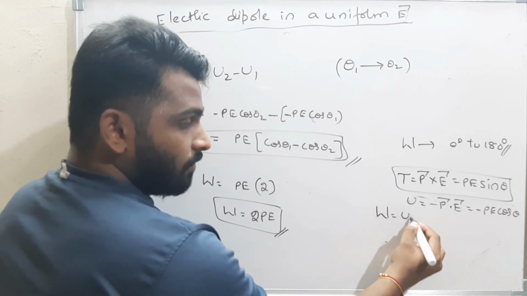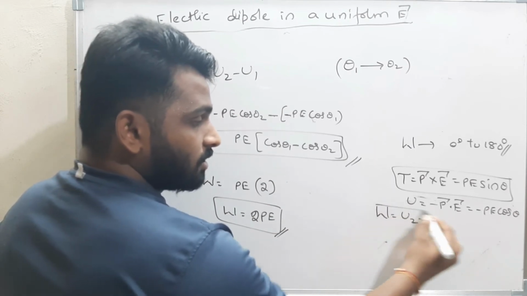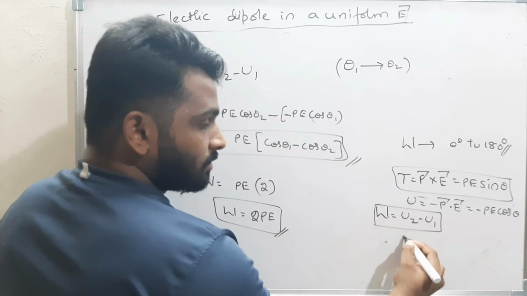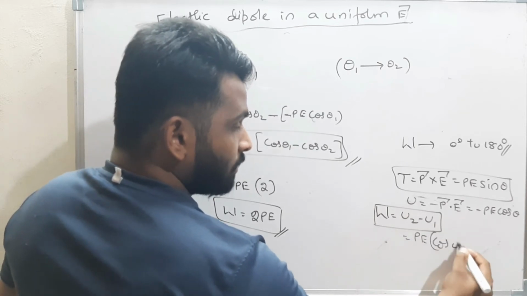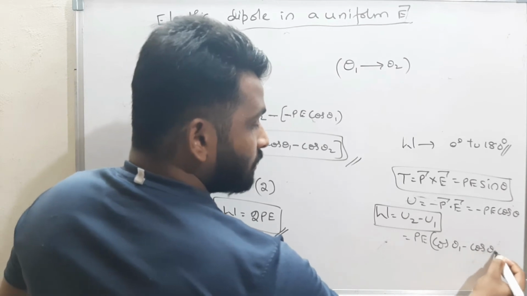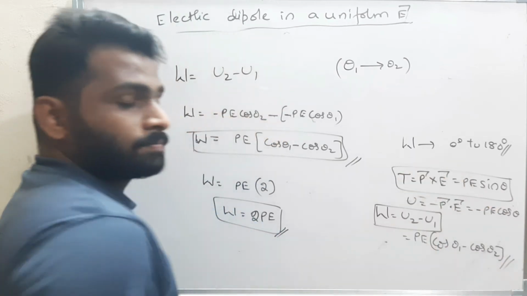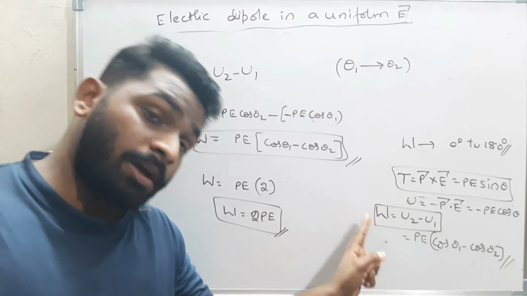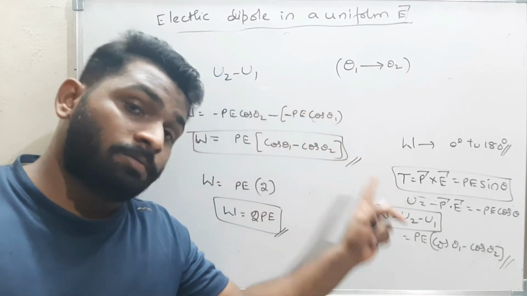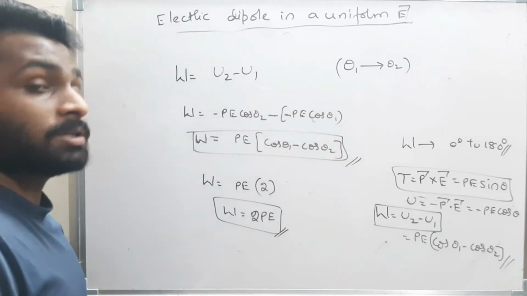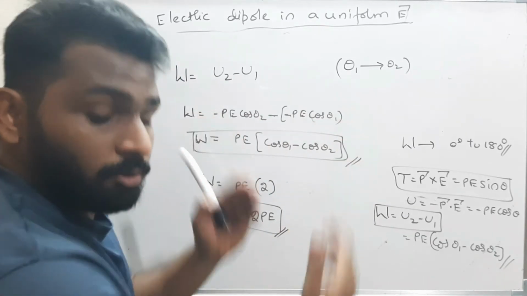The work done is equal to final potential energy minus initial potential energy. That is PE into cos theta 1 minus cos theta 2. Please remember these three formulas. Again, we will study in this potential chapter. Don't need to worry. If it is not clear, we will study in the potential chapter. Okay, after this, we will see the force between the two dipoles.